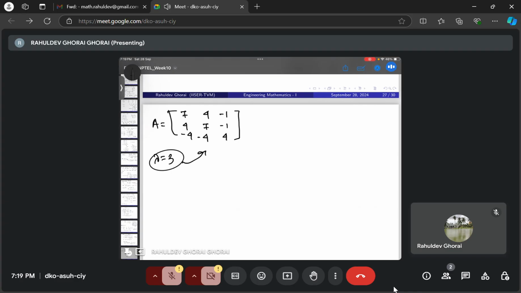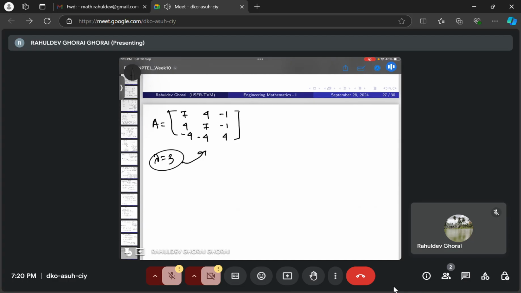I just want to show you that there can be two eigenvectors. Two in the sense that there always exist infinitely many solutions, but those solutions are linearly dependent. But in this case, you can find two linearly independent eigenvectors, and you will see that the geometric multiplicity will be 2 in this case, corresponding to one eigenvalue.